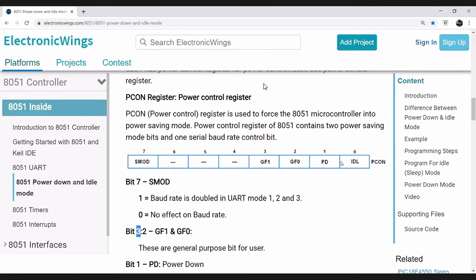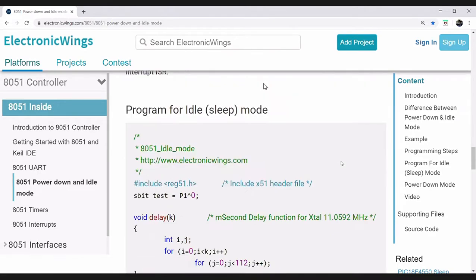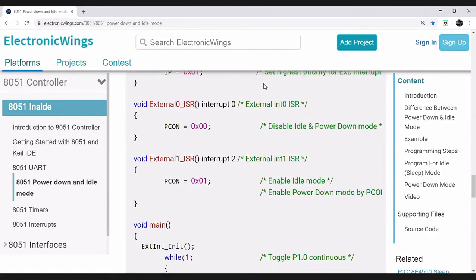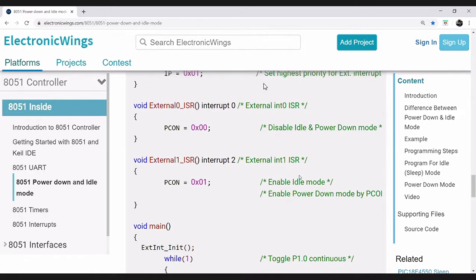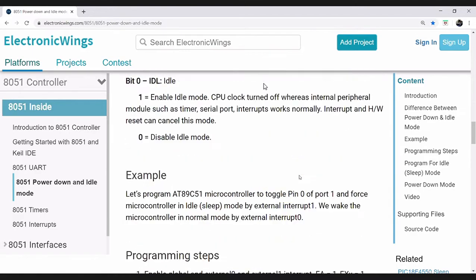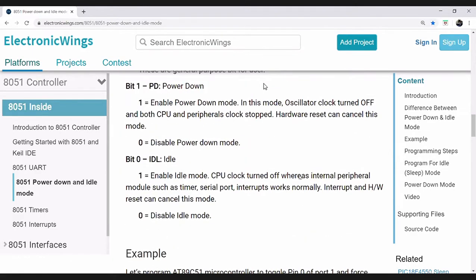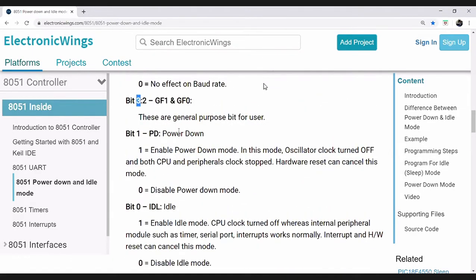That means it is in idle mode, and it can be disabled only by an interrupt. Power down mode can be disabled by hardware reset. Idle mode can be disabled by interrupt.